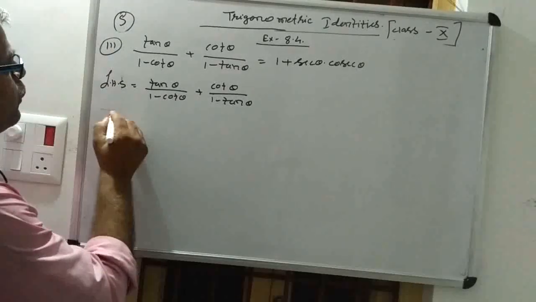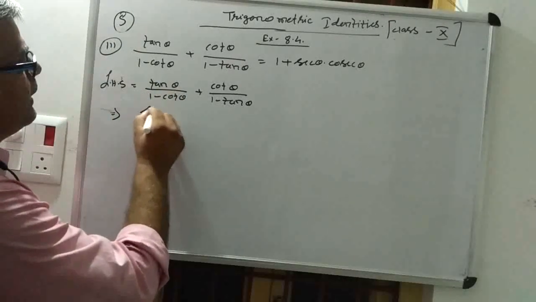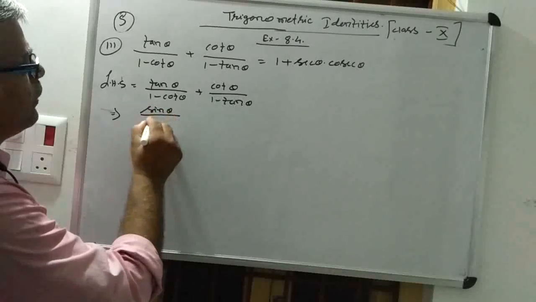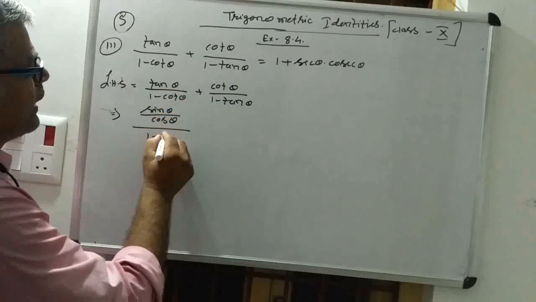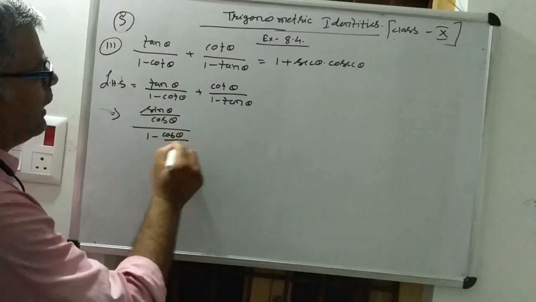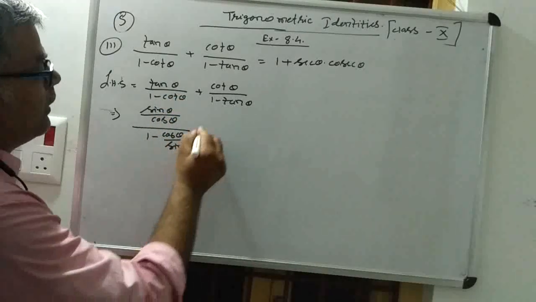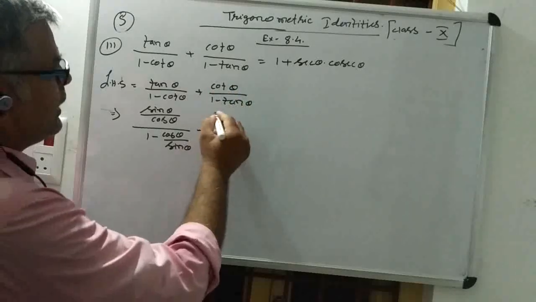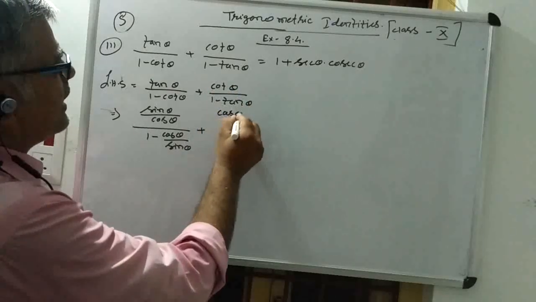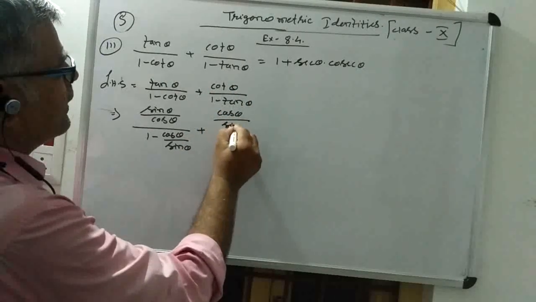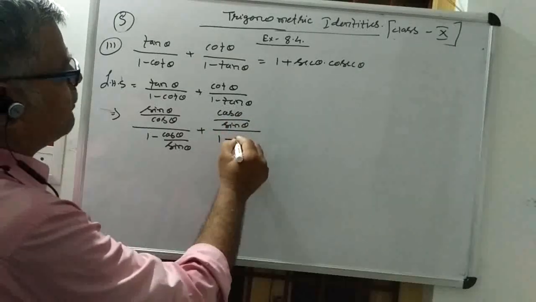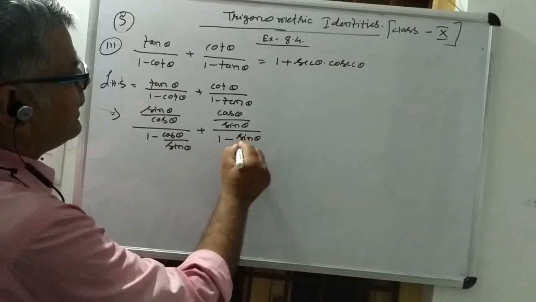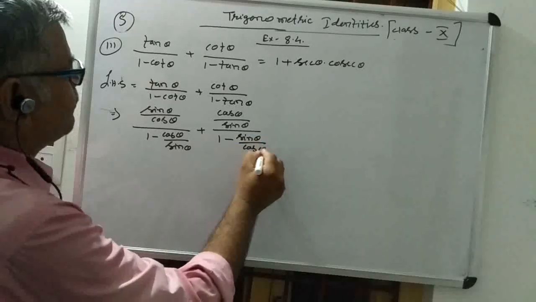So tan theta can be written as sin theta by cos theta, by 1 minus cot theta, which can be written as cos theta by sin theta, plus cot theta can be written as cos theta by sin theta, by 1 minus tan theta, which can be written as sin theta by cos theta.